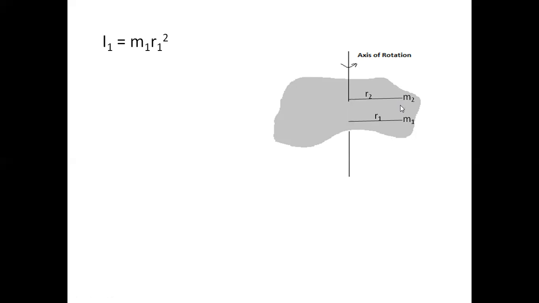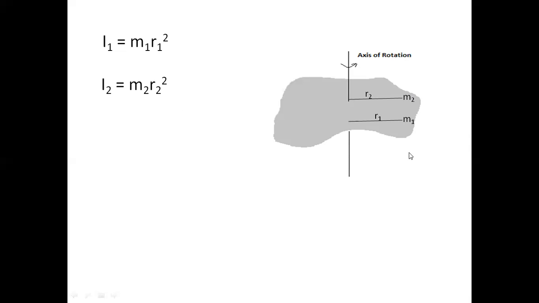Similarly, consider a second particle having a mass m2 at a distance of r2 from the axis of rotation. Then its moment of inertia is I2 = m2 r2². Similarly, there will be a large number of particles: I3 = m3 r3², I4 = m4 r4², and so on.